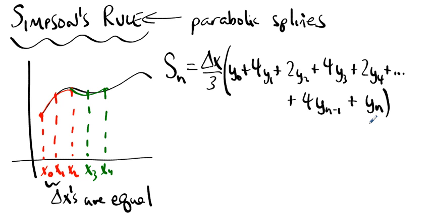Simpson's approximation. You don't have to know how to fit parabolas there. Simpson figured out how to fit parabolas there. You've just got to know 1, 4, 2, 4, 2, 4, 1.